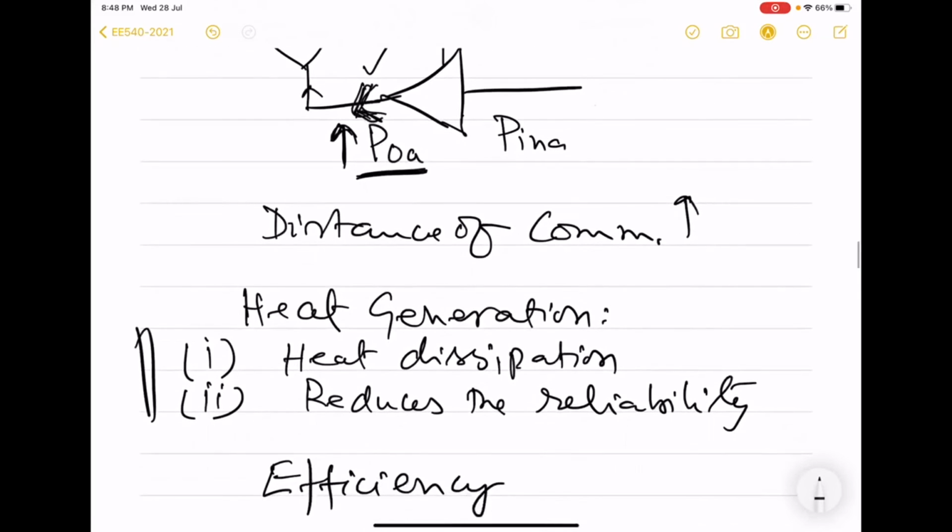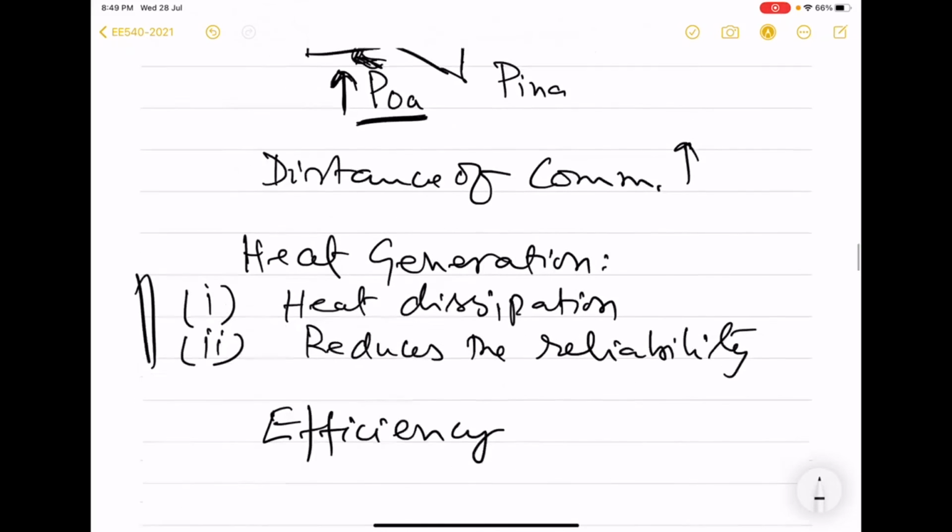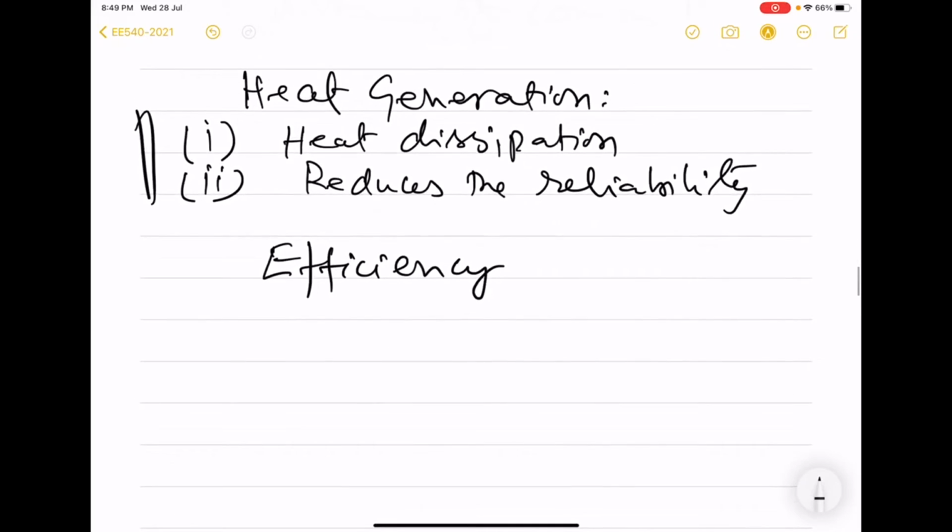And another disadvantage of poor efficiency or low efficiency system will be, even if it is not battery driven, is that it will consume lot of power to achieve same objective. That means electricity bill will be high. So low efficiency implies two disadvantage.